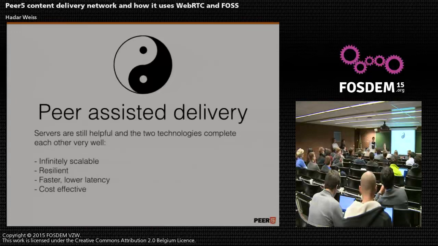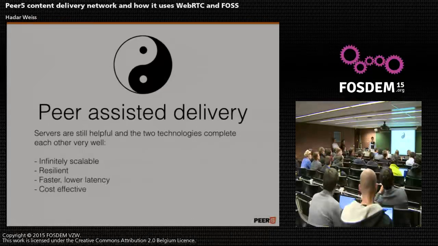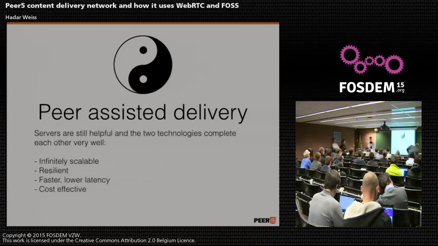I'm curious, how do you decide whether it's the server to serve the chunk, or a peer, or several peers? So the question was how do we decide if it's a peer serving the content, the server, or both of them? Usually it's both of them. It depends on the use case.